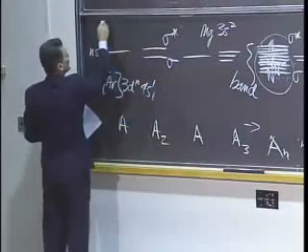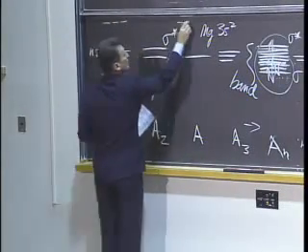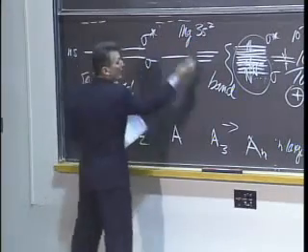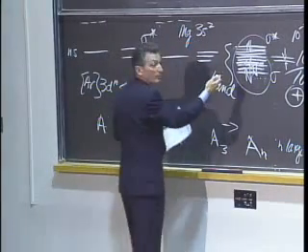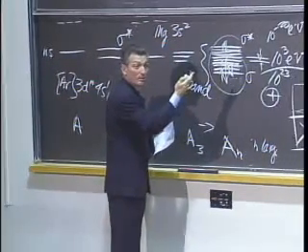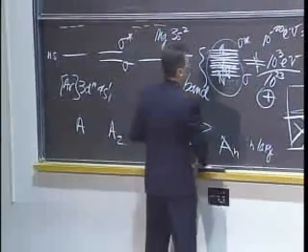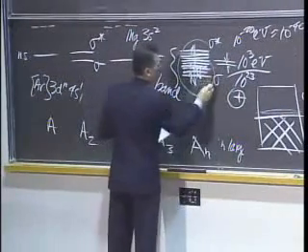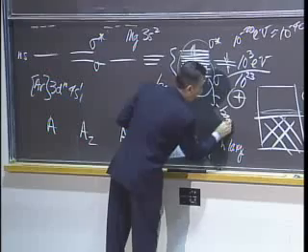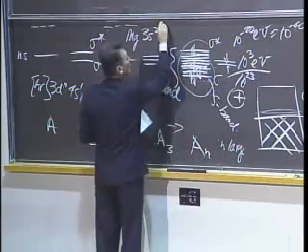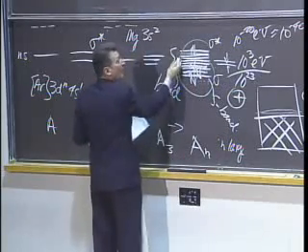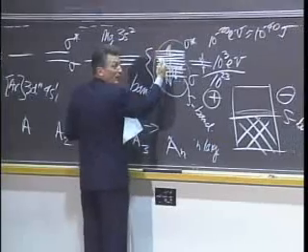If this is S and the P's are up here, what happens when the P's split into the bands? That's the real issue. And mercifully, what happens in the case of magnesium is this is the S band, but for magnesium, the bottom of the P band lies below the top of the S band.